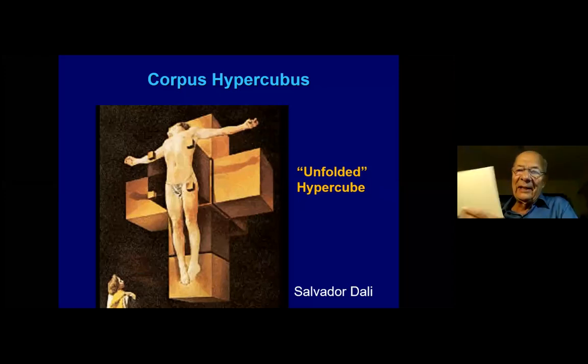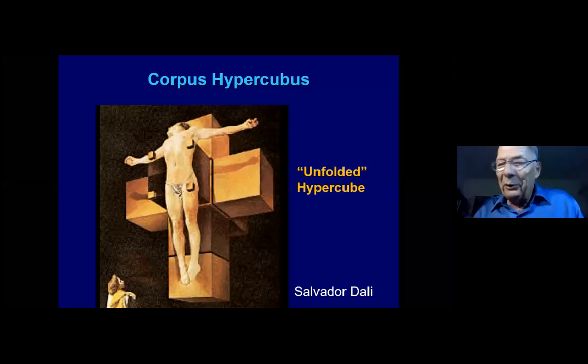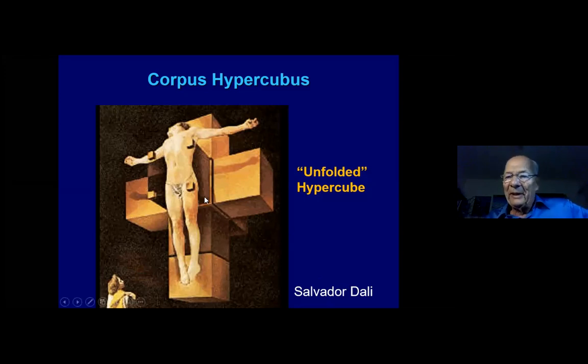Just as we can take 6 squares in paper, make a cube, and then unfold it to make a net, we can do that in 3 dimensions. We can take the 8 cubes of a hypercube and unfold them into this particular 3-dimensional cross. And clearly that particular cross is very, very highly symmetrical. So Salvador Dali really understood those things, and he played very judiciously with when to use symmetry and when to deliberately break symmetry.